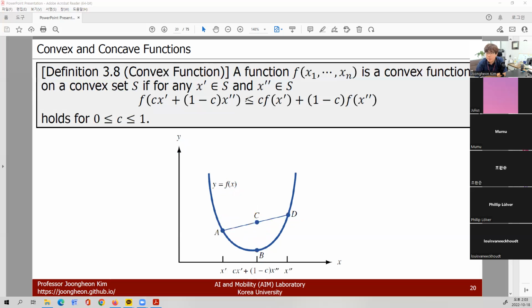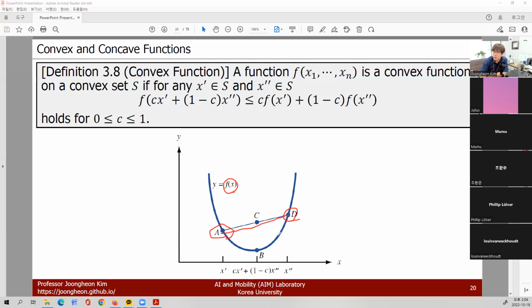Let me repeat again. Suppose that you have function f. You pick two arbitrary points on top of f, A and D, and make a linear line AD.